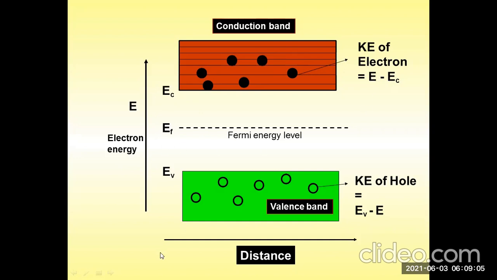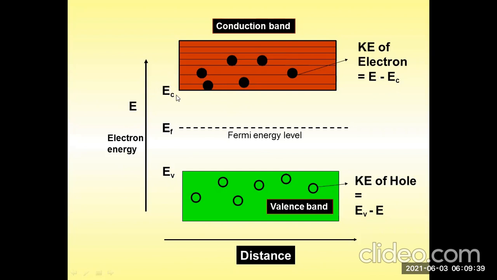When we plot a graph, the x-axis is taken as the distance, and the y-axis is the energy of the electron, which is the total energy of the electron, comprising the conduction band, valence band, and the band gap, E. So the kinetic energy of the hole is given by EV minus E, and the kinetic energy of the electron is given by E minus EC.